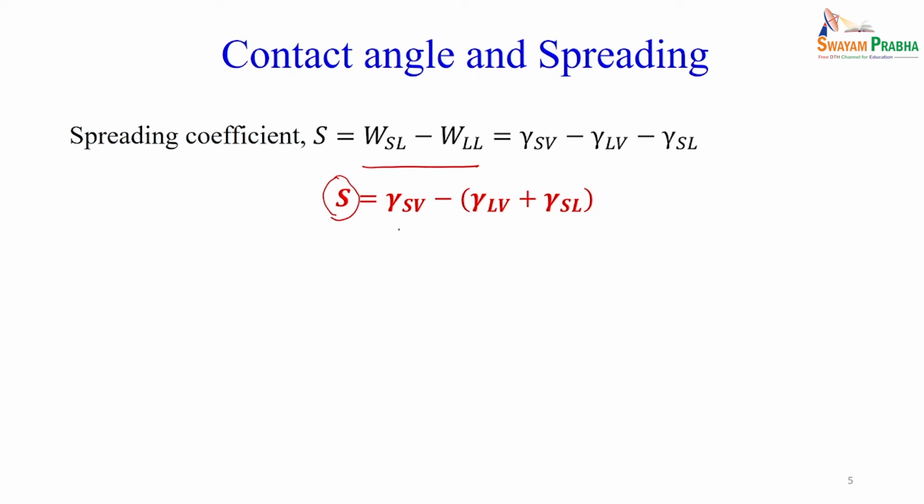So, the difference between the solid vapor interfacial tension minus the sum of liquid vapor plus solid liquid interfacial tension decides whether there will be spreading or no spreading. There will be two conditions. In one case S can be greater than 0, in other case S will be less than 0. Greater than 0 means the first value is higher, less than 0 means the second value is higher.